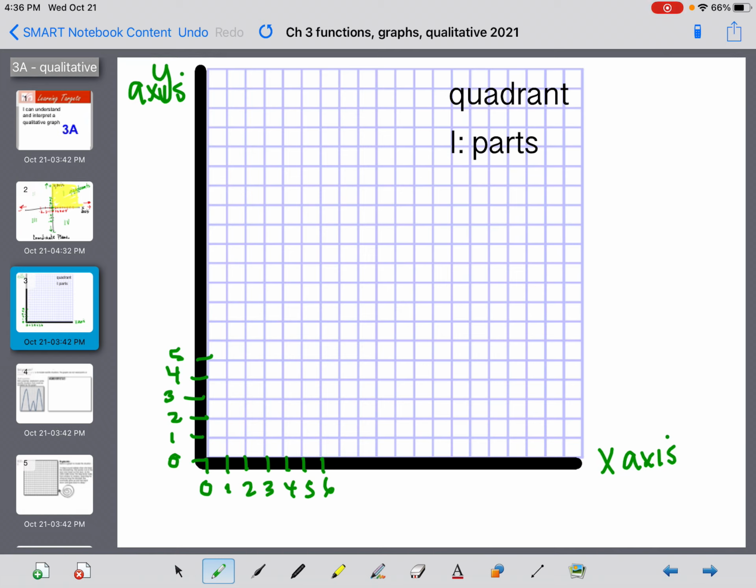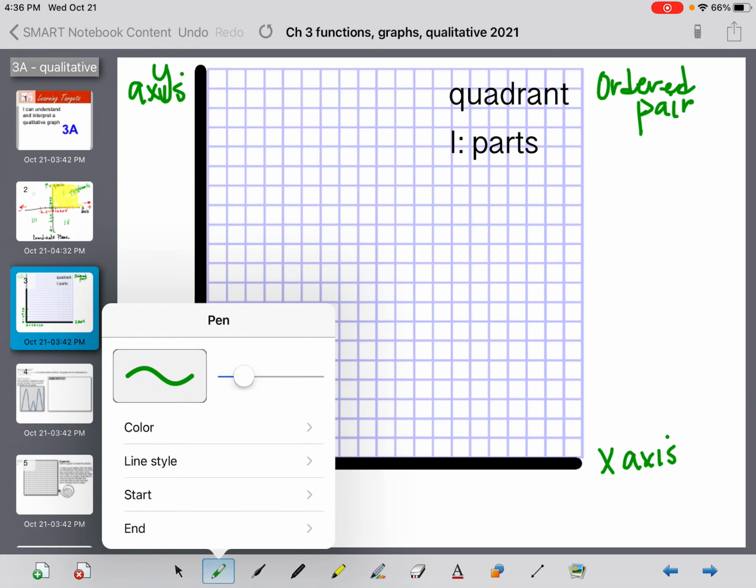And we learned that the x value and the y value, if I want to put a point on my graph, I use what's called an ordered pair. And it's the coordinates for a point on a graph.